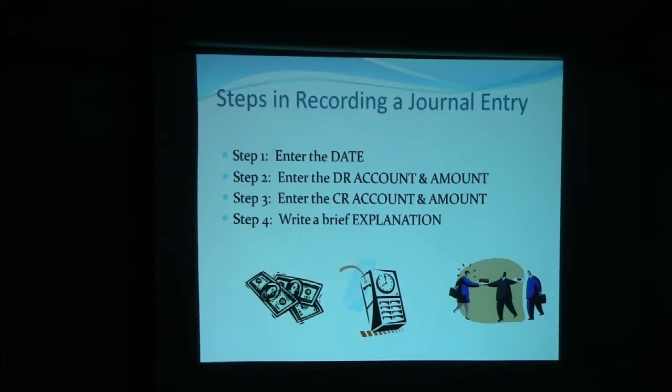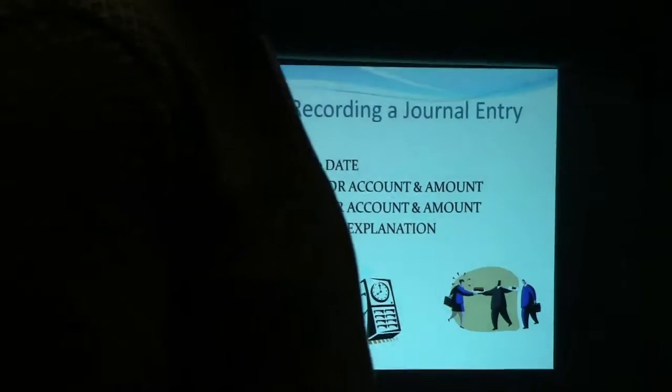These are simple steps to follow as you record journal entries. You enter the date, and then you enter the debit account and its amount. Then you enter the credit account and its amount, and then you may write a brief explanation. Some teachers really emphasize the explanation.